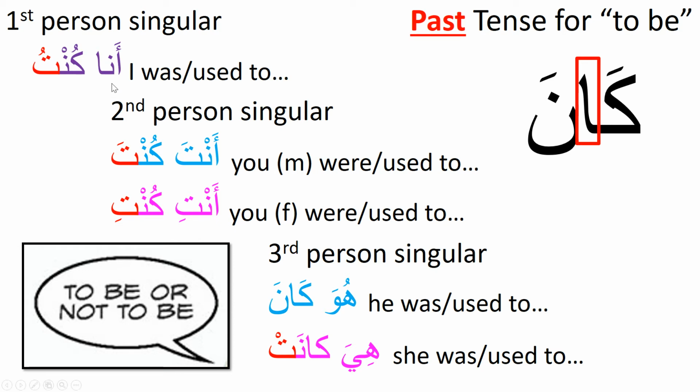By the way, the reason why we have a red box over the aleph in the middle of the word here is that Arabic is a triliteral root system, so almost all words come from a three-letter root. In this case, it's a hollow verb, meaning we have a long vowel in the middle.